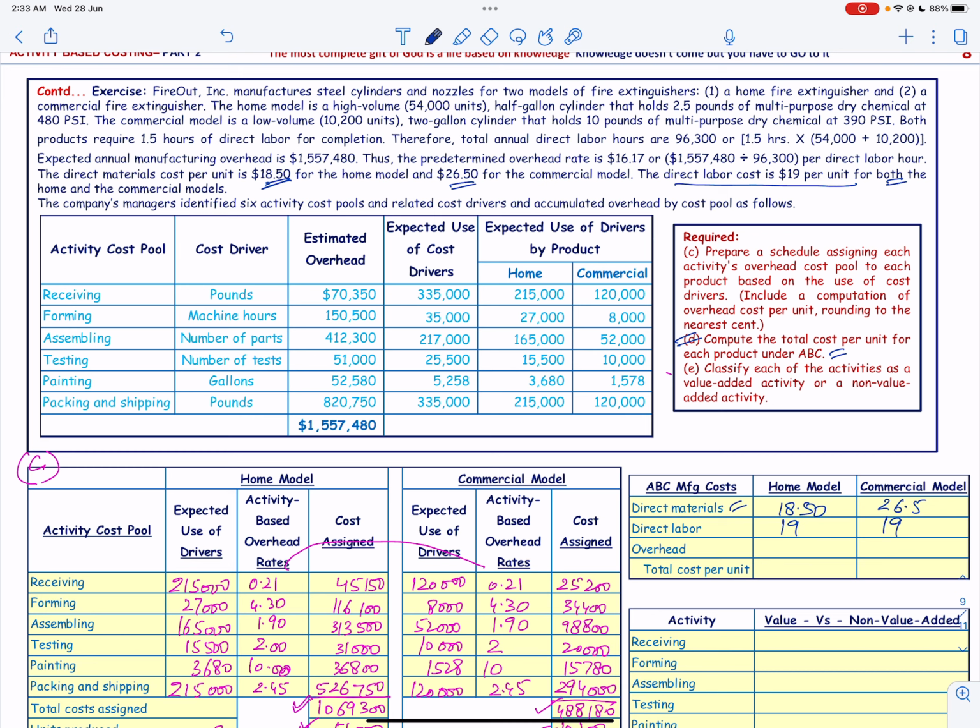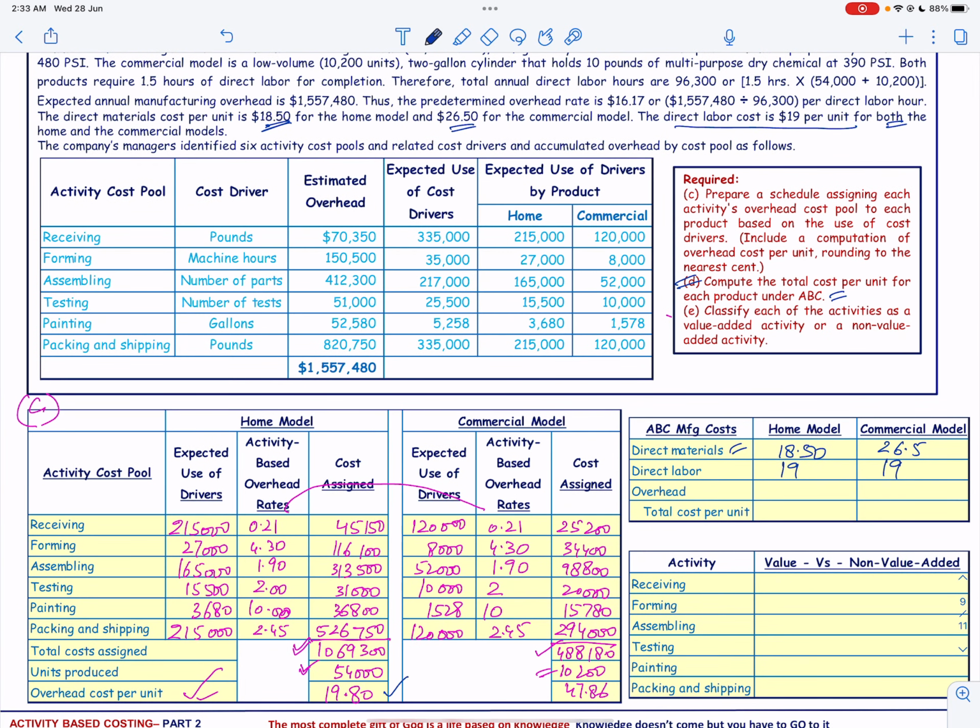And finally we have the overhead, which is 19.8 and 47.86, and when we make the total, this will be 57.3 and this will be 93.36.